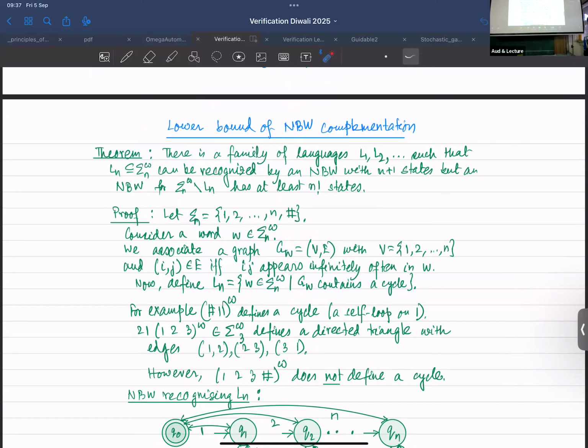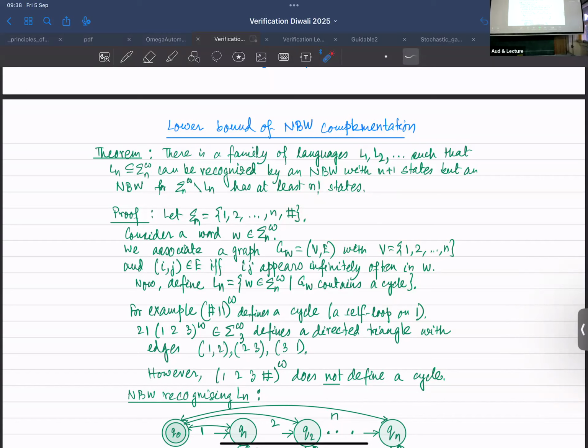We'll try to show a lower bound, which means that we'll try to construct a family of examples for which, when we are trying to get the complement automaton, we are going to get a similar blow up in the state space.